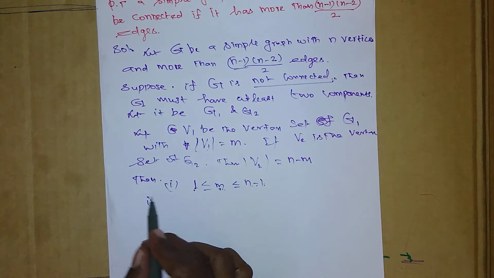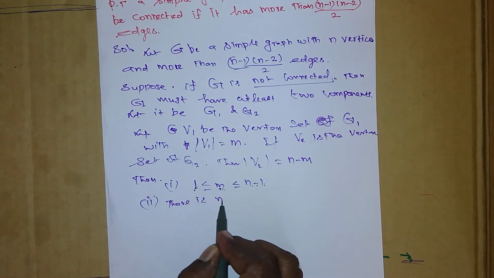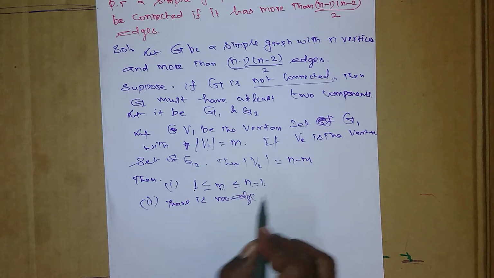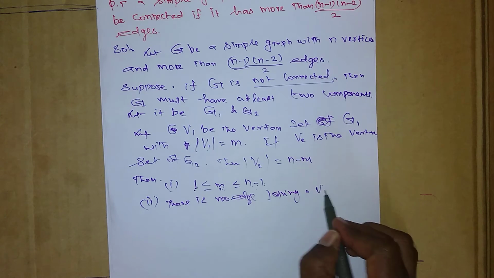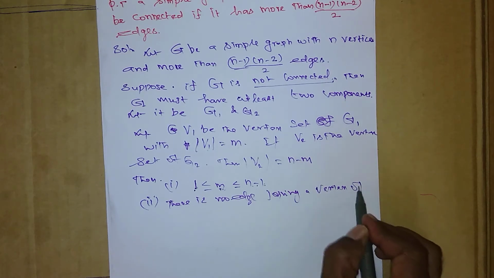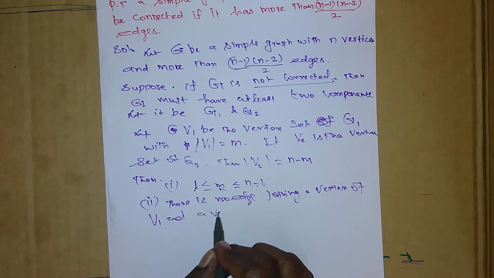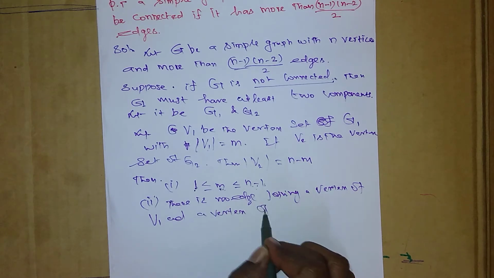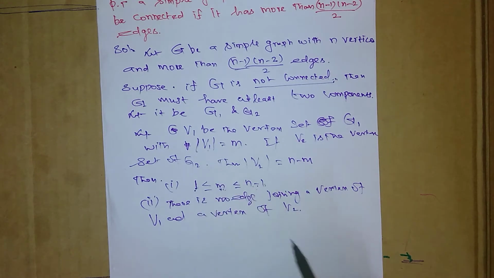Therefore, the second condition is there is no edge joining a vertex of V1 and a vertex of V2. V1 is a set of vertices in G1, V2 is a set of vertices in G2.